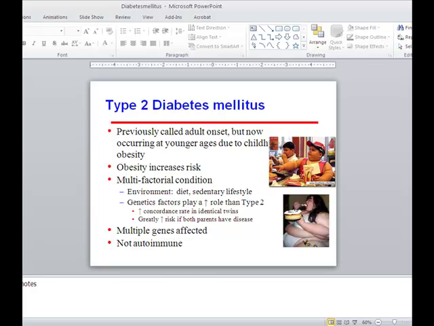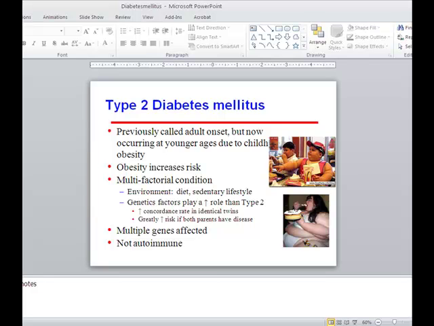So, as mentioned before, type 2 diabetes. We moved from type 1 to type 2 now. Previously called adult onset, but now you're starting to see it more and more in children too, with the increase in childhood obesity. Okay?